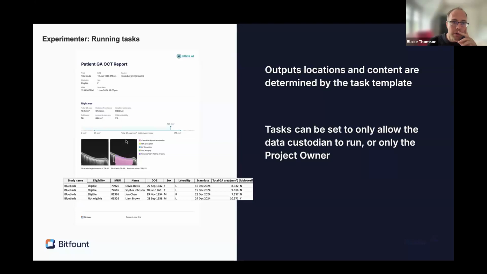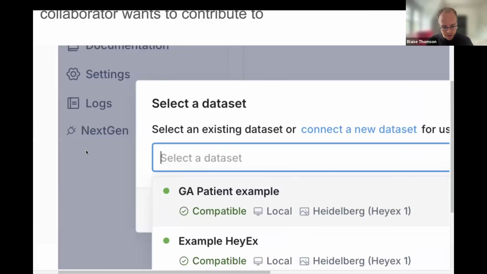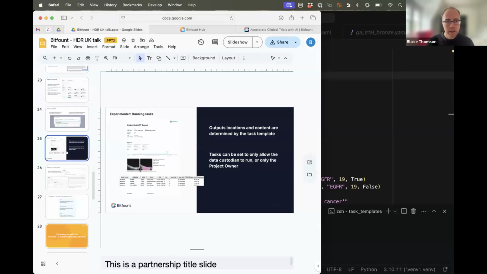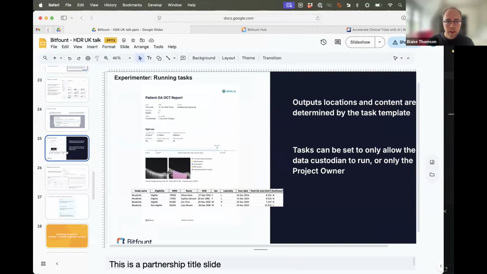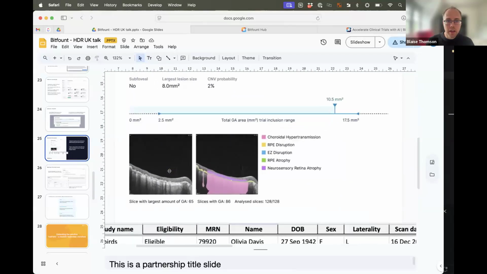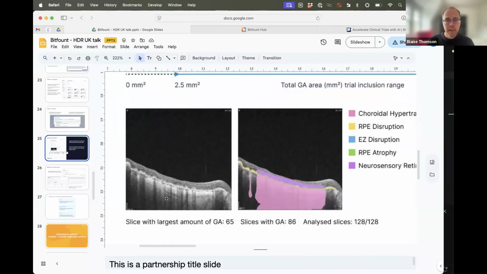There's an OCT image taken of the patient, and this is a volumetric scan. I don't know how well you can see here, but this is actually just one slice of a volumetric scan.